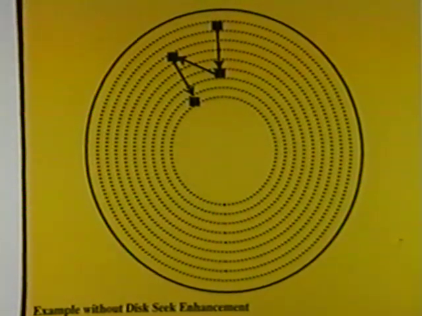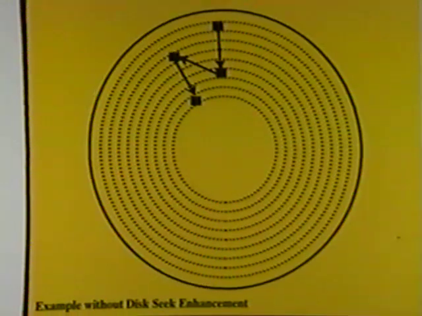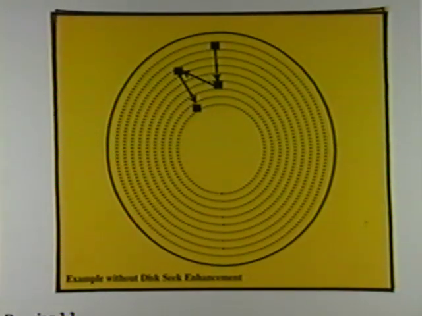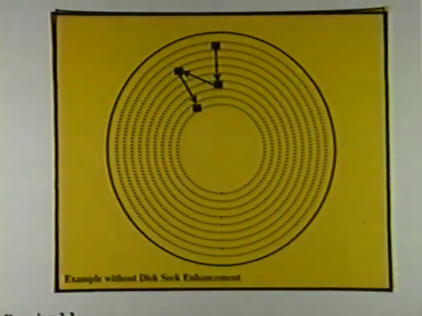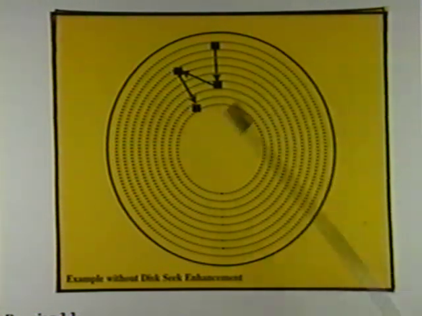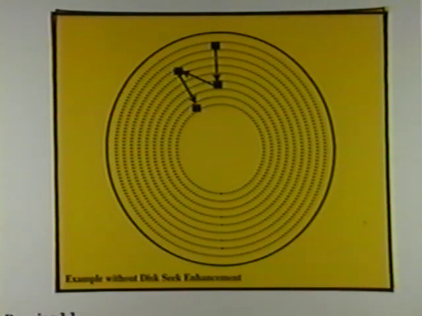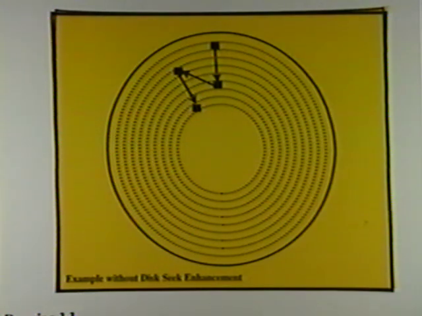What I've tried to do here is draw a hard disk drive. Okay, so this would be our disk, and what this disk is going to do is spin around. Each of the dotted lines here represents a certain cylinder on the hard disk drive. Now, recall the three components of access time for a hard disk drive.